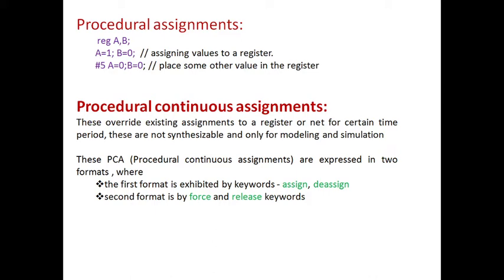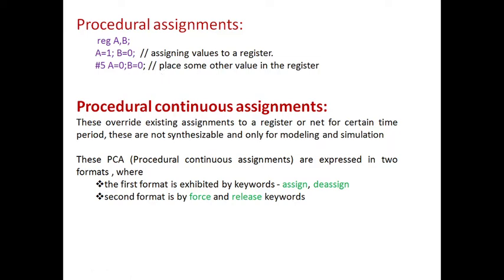Like I have here two registers, A and B. After assigning some value to these registers, the values A equal to 1 and B equal to 0 will stay in the register until I assign some other value through some other procedural assignment. Until and unless I make some change, the value will not be lost.